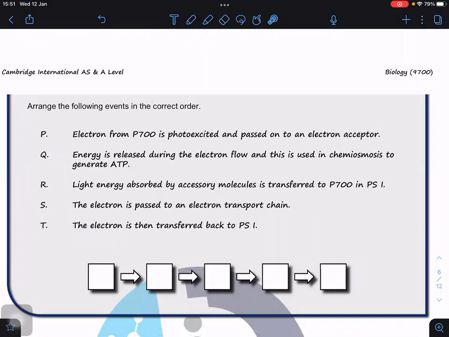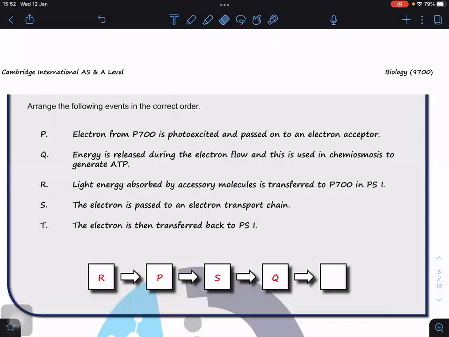First, light energy is absorbed by the accessory pigment and then transferred to the PS1 P700. Then an electron from P700 is photoexcited and passed to an electron acceptor, the primary electron acceptor. Then this electron is passed to an electron transport chain, a series of electron carriers.